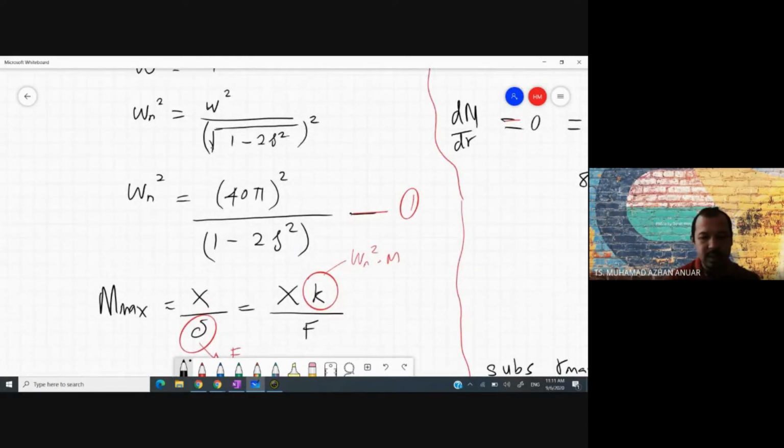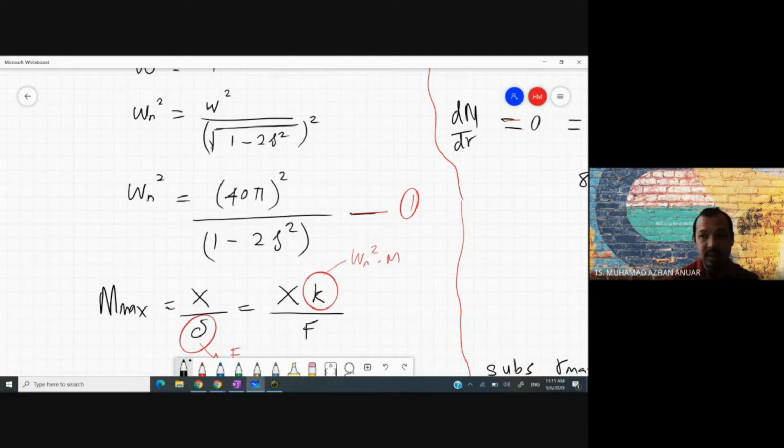40 multiplied by 1 minus 2 multiplied by 0.08 to the power of 2. And then 40 multiplied to the power of 2.